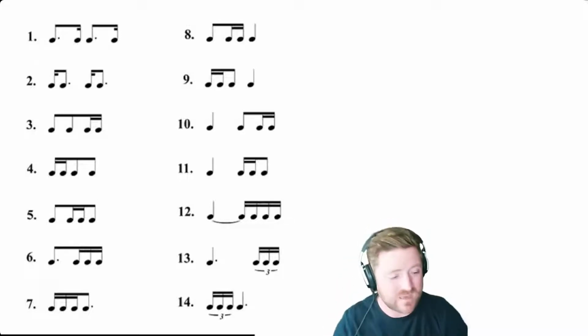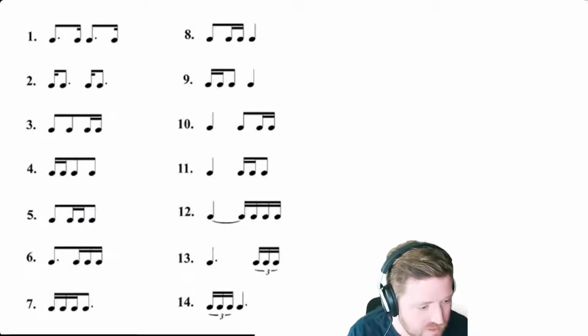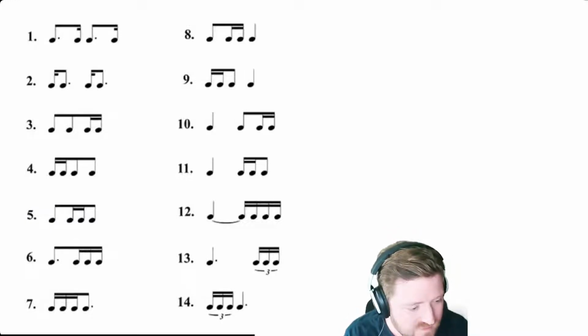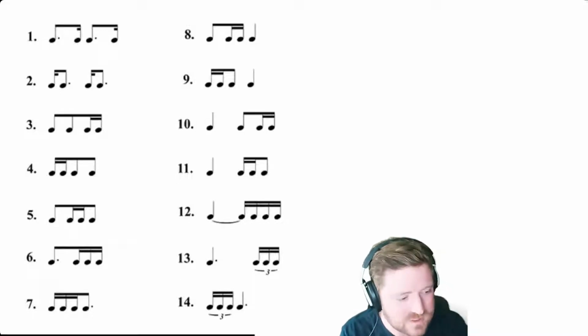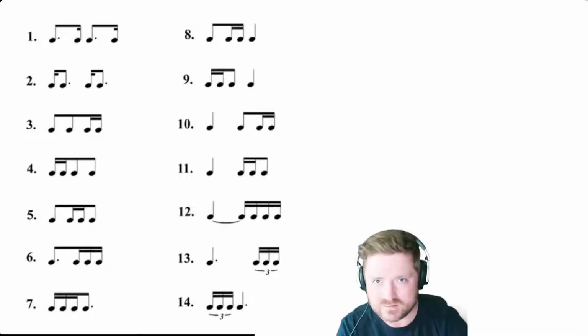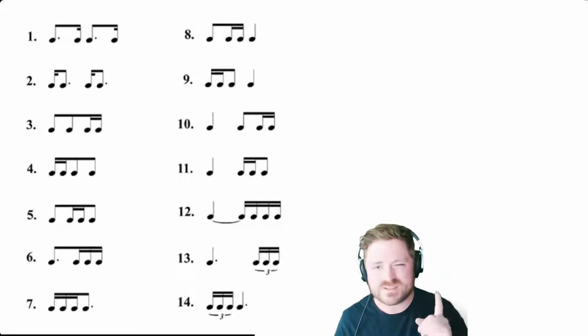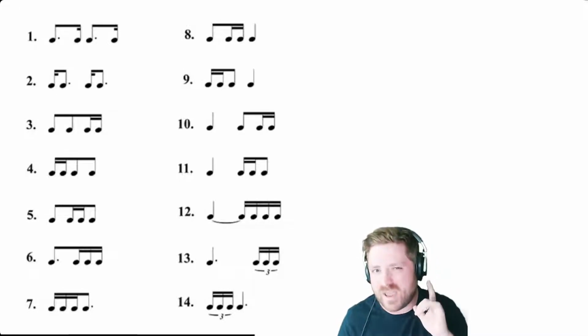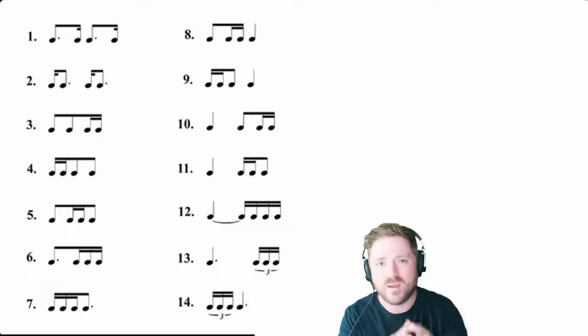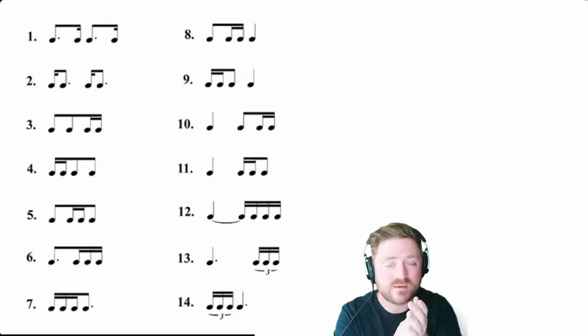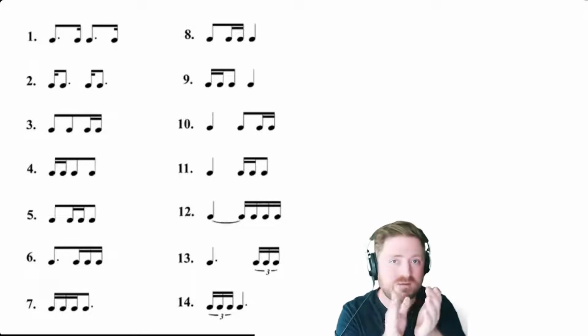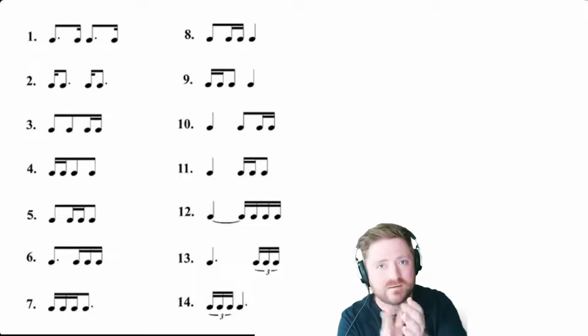Let's give it a go. Okay, here's your pulse, and I'm going to be nice. I'm going to be generous. Such things happen. I'm going to put in the subdivided beat. So here it is. So let's do that first one together. Okay, we're hearing every 8th note. Fabulous.